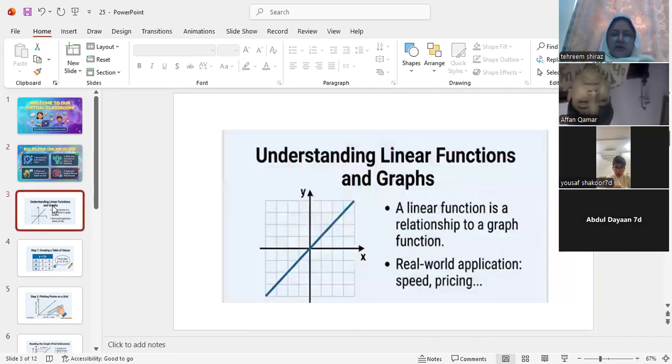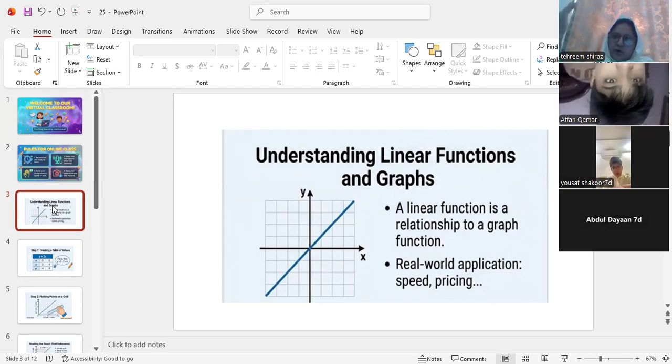For a quick recap of yesterday's lecture, we have already completed the linear functions. We studied that if the rate of change is constant, then we can say that this function is a linear function, and the graph of a linear function is a straight line moving upward or moving downward, but it cannot be in a curvy shape.